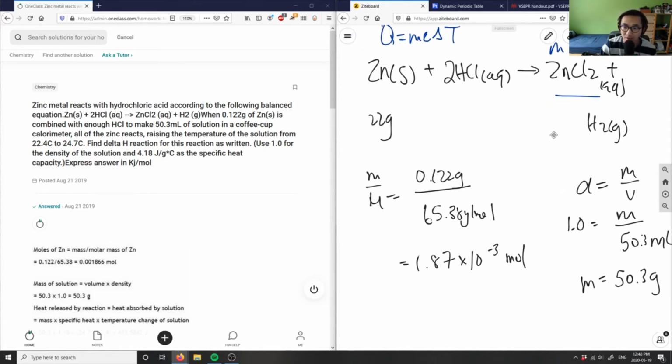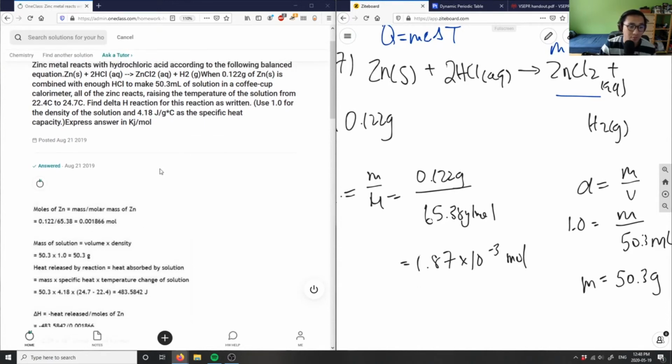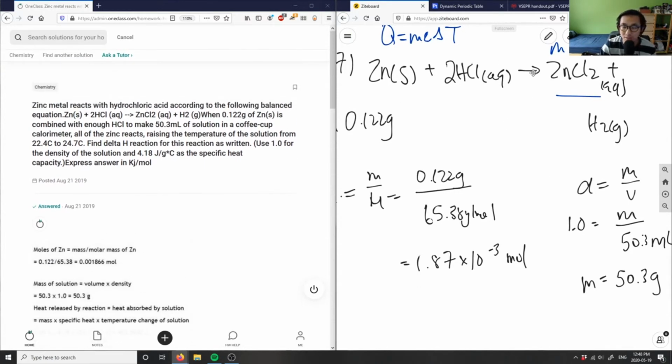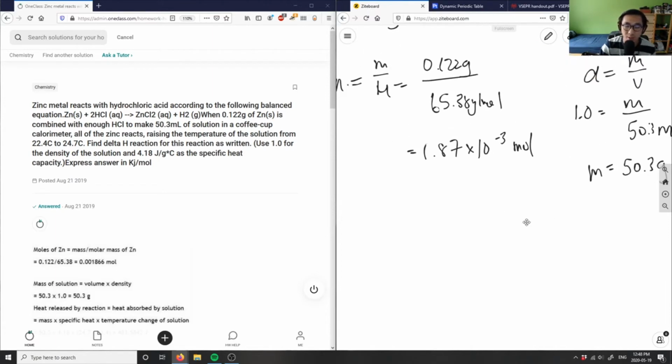Then what I want is the delta H of the reaction. So again, I can use Q equals MC delta T to figure out the energy that's being released, because I have my mass, my specific heat capacity and my temperature.